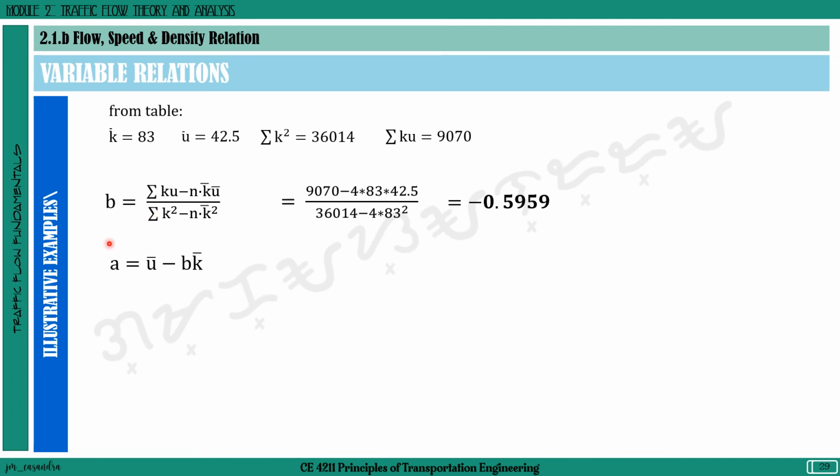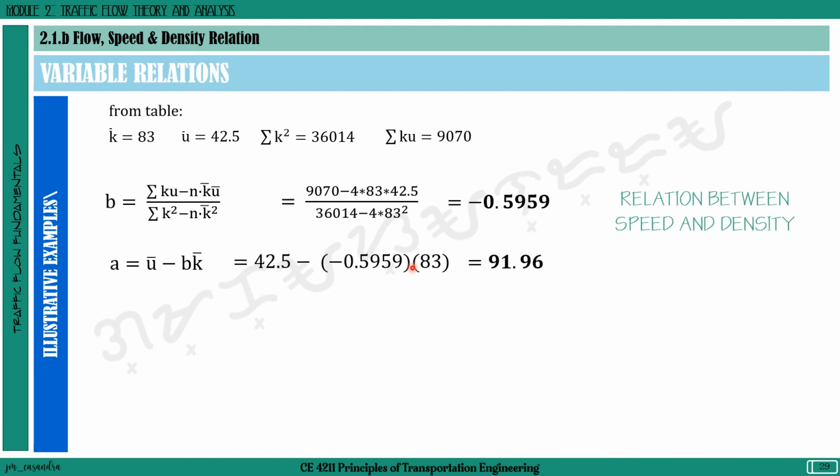Then we apply our equation for A. So A is equal to 42.5 minus our computed B, negative 0.5959, times K bar, which will give us a value of 91.96.